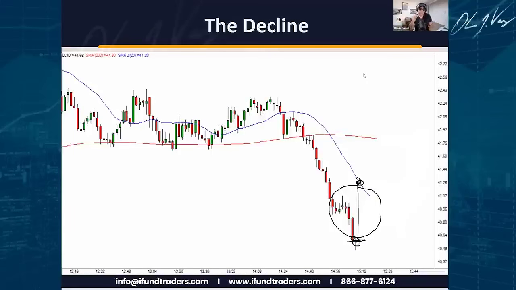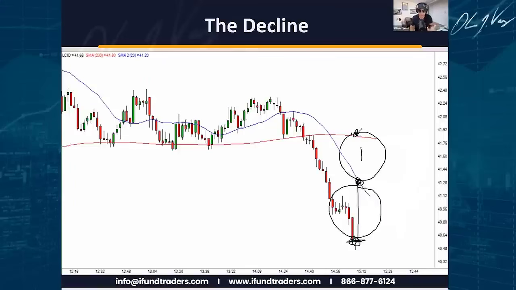Now, I'm going to even improve on that. If the stock itself is far from the 20, and the 20 is also relatively separated from its mother, the 200, we have what I call dual space.